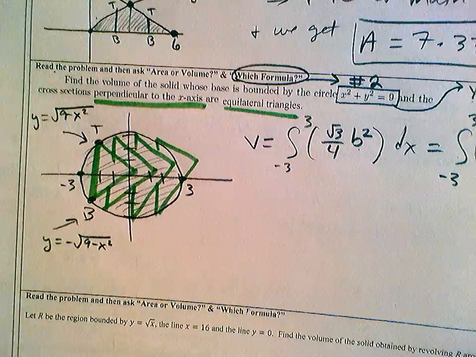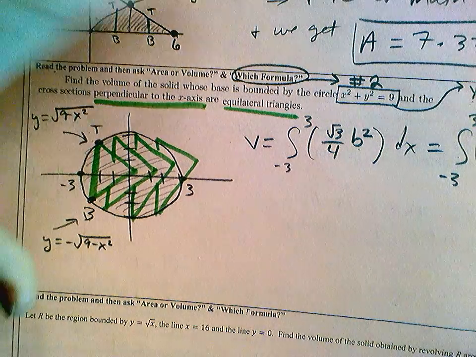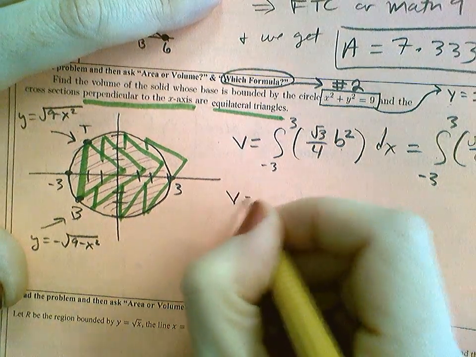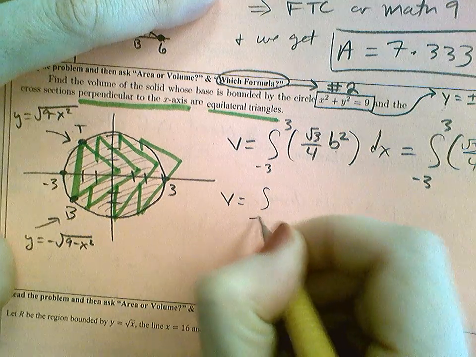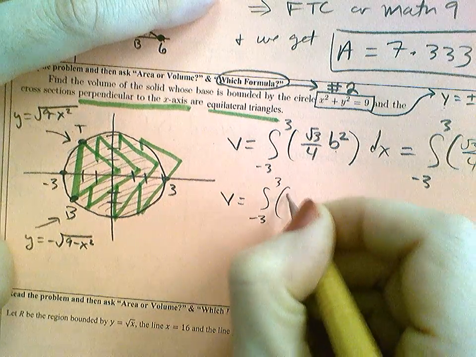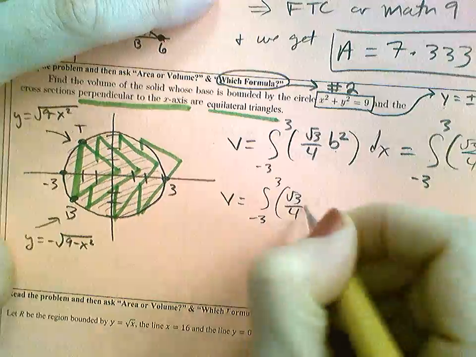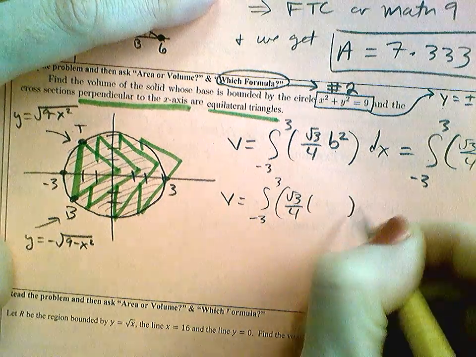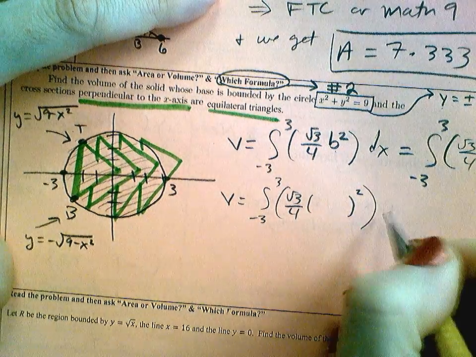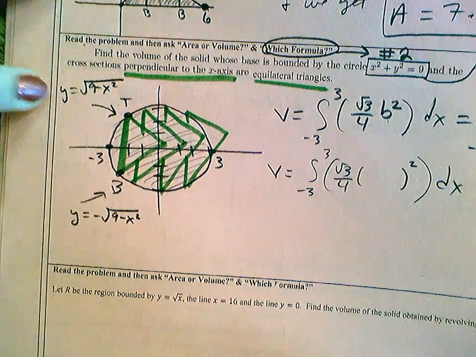So the volume is equal to this radical 3 over 4, base squared dx. When you do top minus bottom, I'm going to skip a step here.